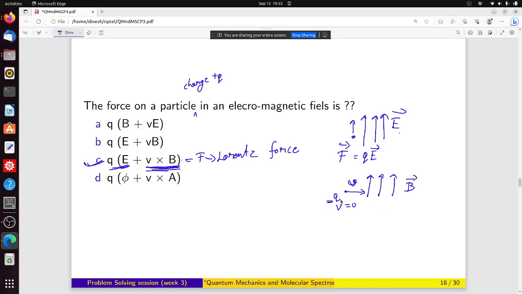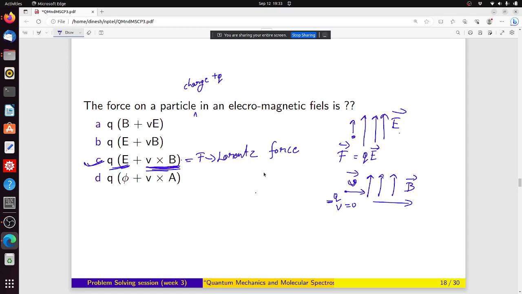No. B has a horizontal direction, B has a vertical direction, so what will be the resultant force, the resultant motion?